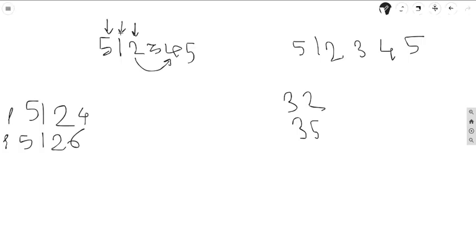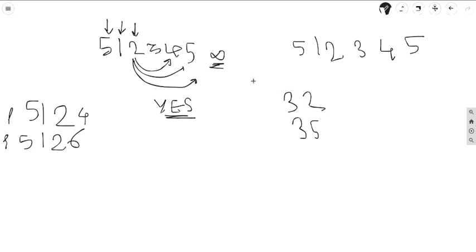So after 2 we can go to 4, or go to 5, or go to 6, but 6 here does not exist. Whichever character does not exist, we can say that it goes to infinity. Whenever we have an infinity, we can say that that particular string does not exist as a subsequence, and our answer will be yes.